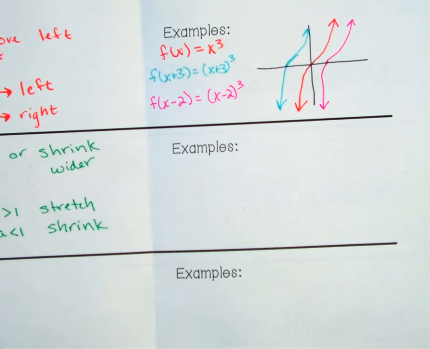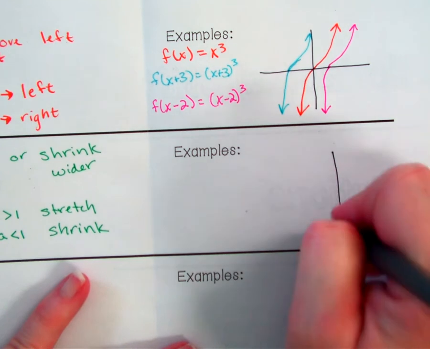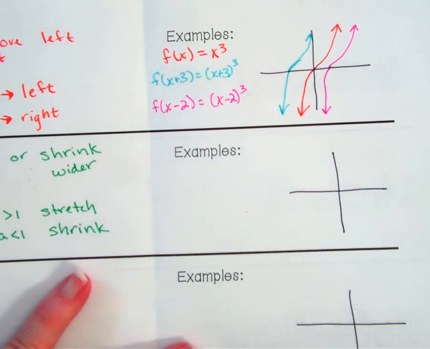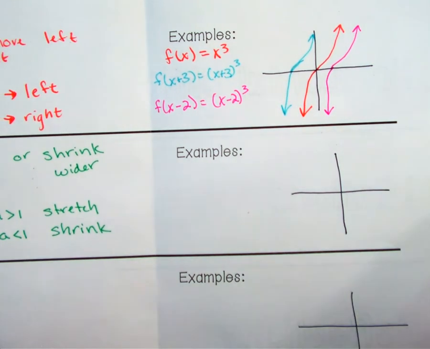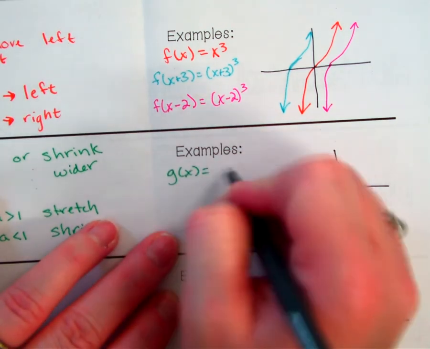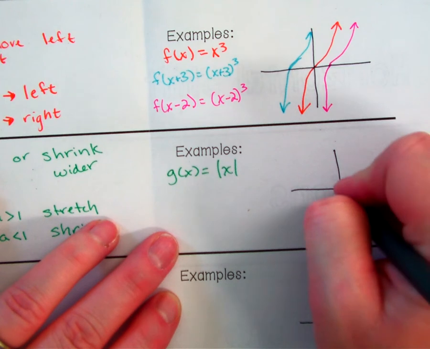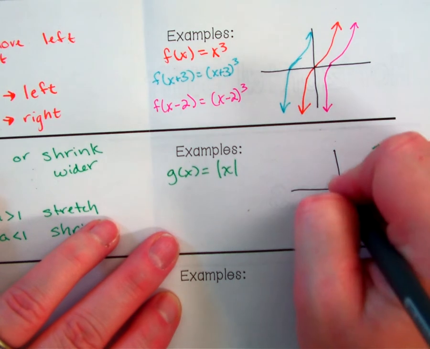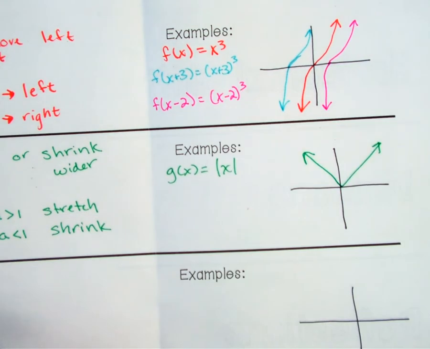So let's go over here for our example. g of x equals the absolute value of x. We use absolute value of x as our example here. So there's my absolute value of x.